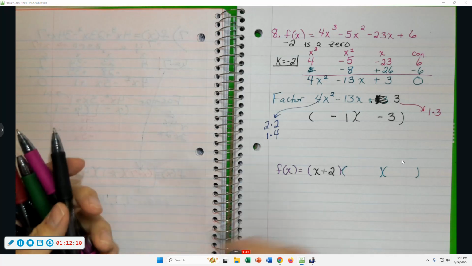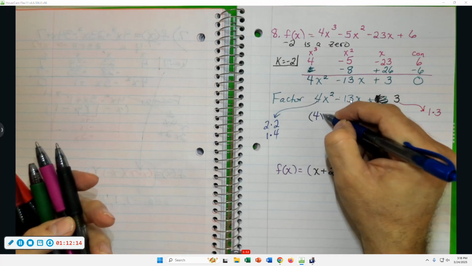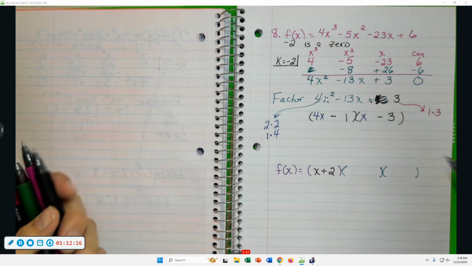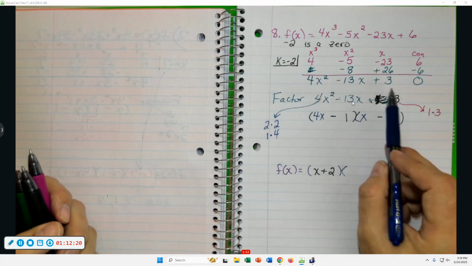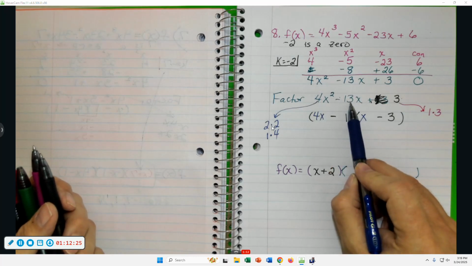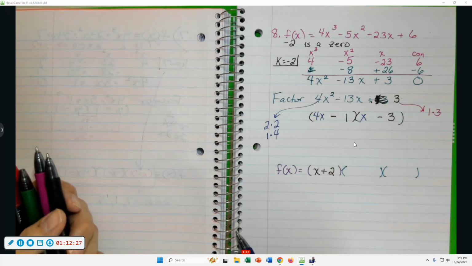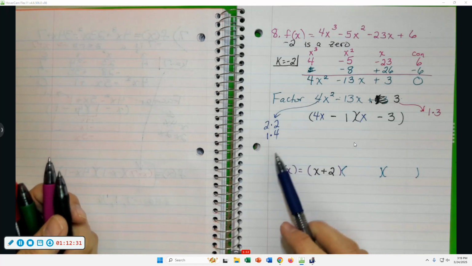It's going to have to be 1 and 4. Remember my little trick. 13 is 1 away from the product. 4 times 3 is 12. If that number is 1 away, then try using 1 in the number. More times than not, that's the one that you use. Does that give us back a negative 13x?